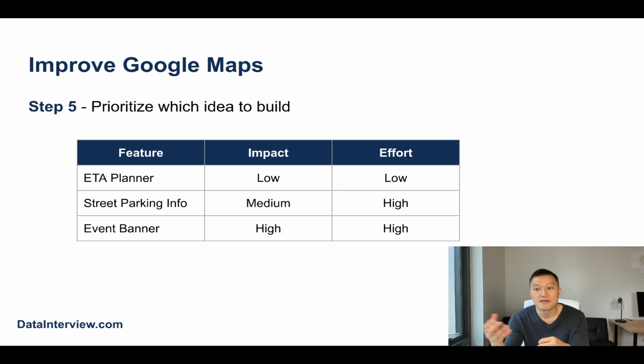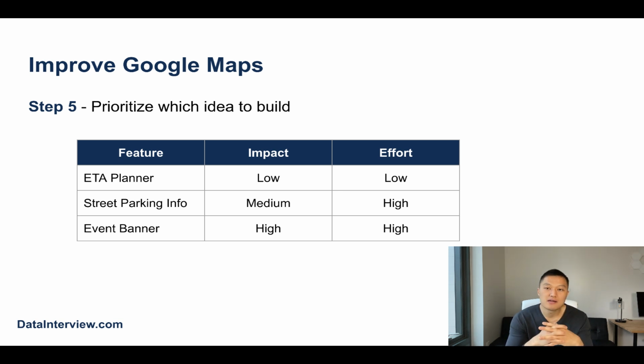And obviously we can validate it through data. And at the same time, this is not a must-have feature, right? It's nice to have, but it wouldn't be the main functionality that people would often use. And so that's why I think the impact is low.